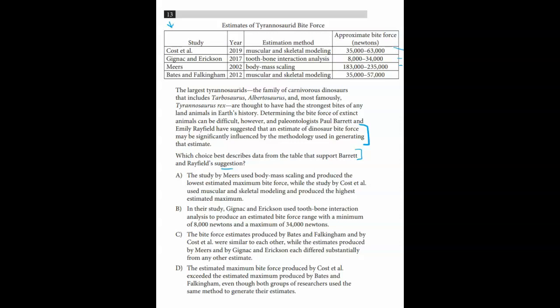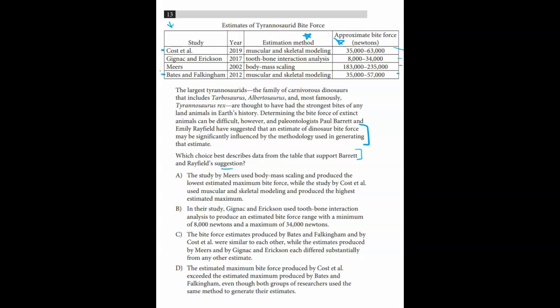And then Bates and Falkingham, muscular skeletal modeling, came out with a similar bite force. Okay, got it. So what this is showing is that the different estimation methods produce way different bite force. And we have an additional example: Bates and Falkingham and Costa et al. used both muscular and skeletal modeling and actually produced the same result.